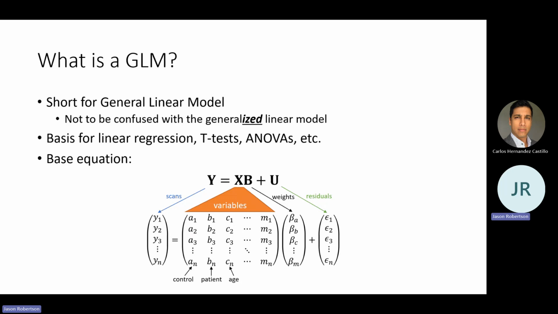Then the next ones might be age, ICV, those sort of things. The betas are the weights associated with each of these columns. So beta A is the weight associated with the control subjects, beta B the patients, and so forth. Another term for the error term on the end is residuals.